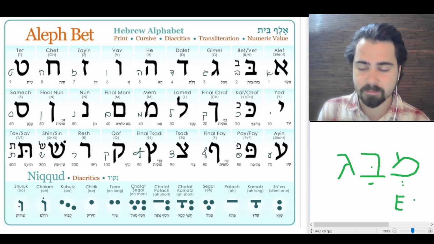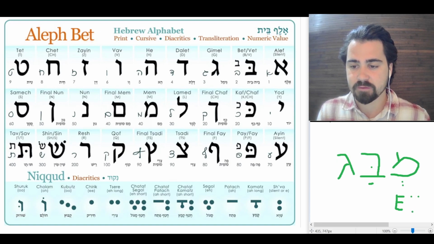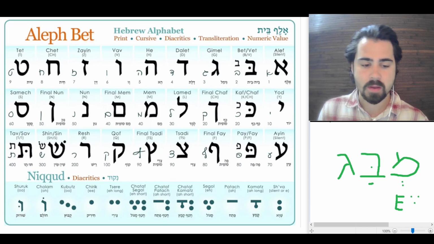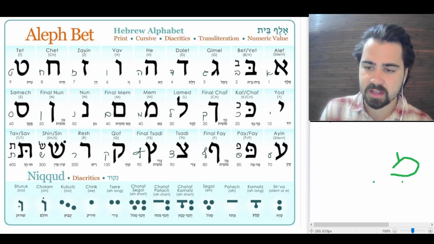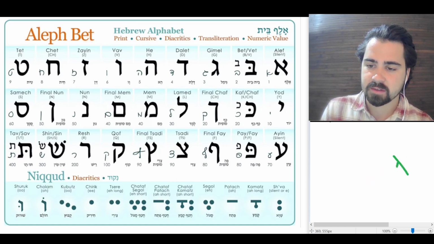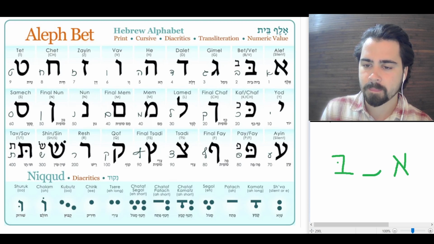It's a bit confusing, but bear with me. The sound is e as if it was a tzerei or a segol. But usually, if it's not the first letter, if it's the middle one, then it just means no sound.